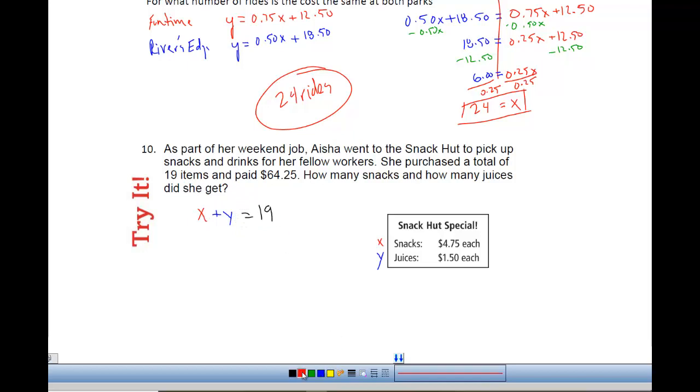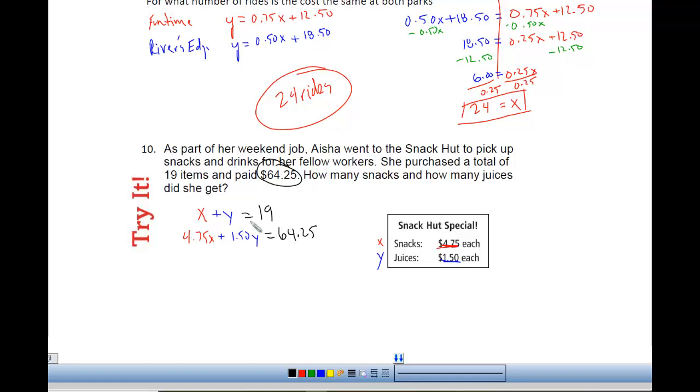And then I know something about how they relate in terms of the expenses. I know that $4.75 for each X, I'm getting that from here, combined with the $1.50 for every Y, that's coming from right there. And then I have a relationship, I spent $64.25.